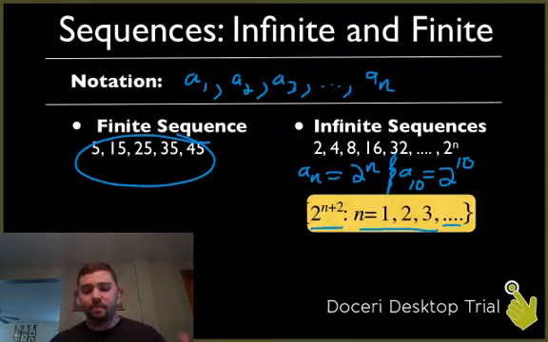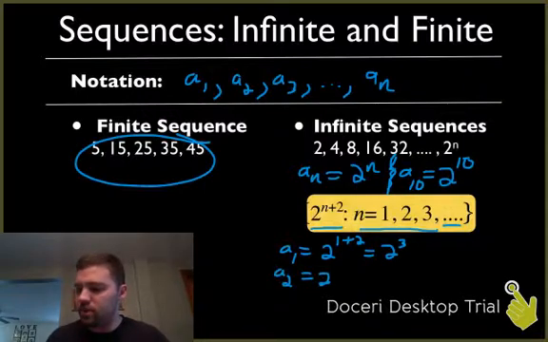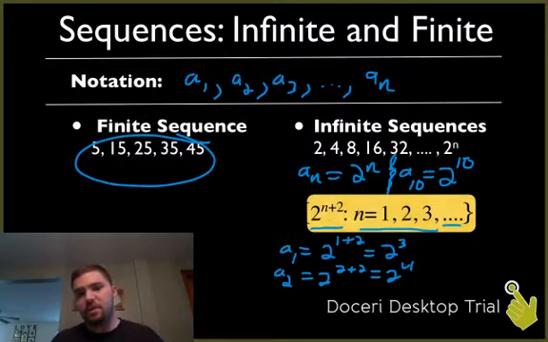Then that means I'm going to take, let me list the terms here, a sub 1 is 2 to the 1 plus 2, which would be 2 to the 3. And a sub 2, the second term, would be 2 to the 2 plus 2. That'd be 2 to the 4. And so on. So that's a rule for a sequence that goes on forever. 2 to the n plus 2 is the rule for all n, 1 through infinity.